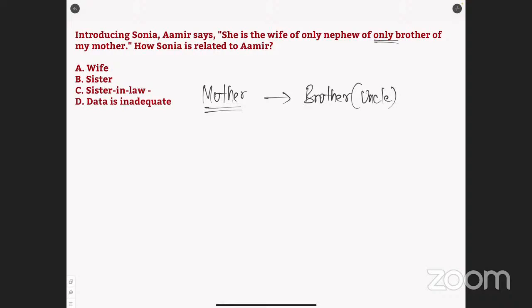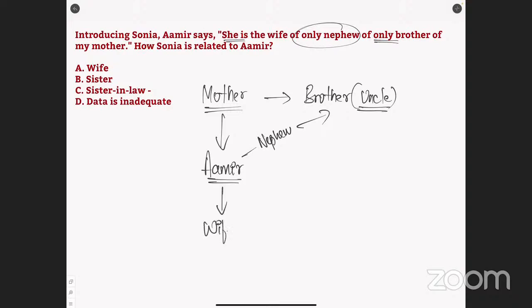So uncle's only nephew would be none other than Amir himself, because there is no one else. So that would be Amir, nephew of his uncle. She is the wife of the only nephew. Only nephew, we have already established it as Amir, and it would be Amir's wife whom he is introducing. That is his wife. So who is that person? In this case, that person is Sonia.